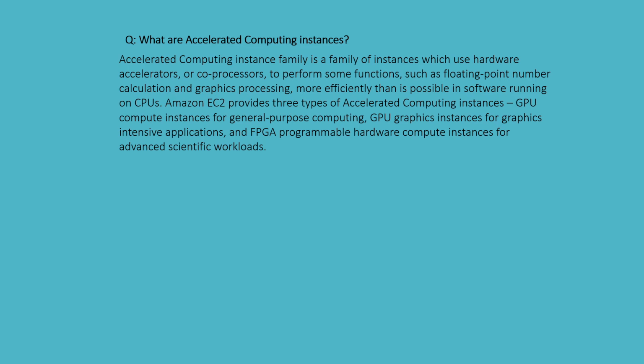Amazon EC2 provides three types of accelerated computing instances: GPU compute instances for general purpose computing, GPU graphics instances for graphics-intensive applications, and FPGA programmable hardware compute instances for advanced scientific workloads.